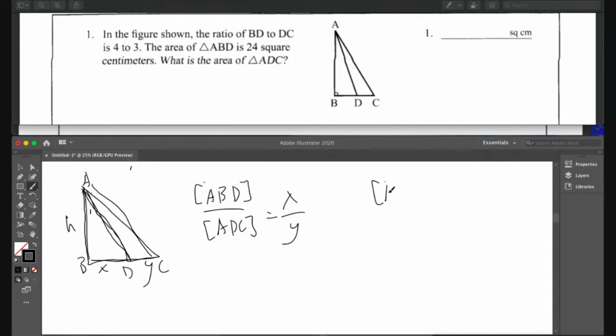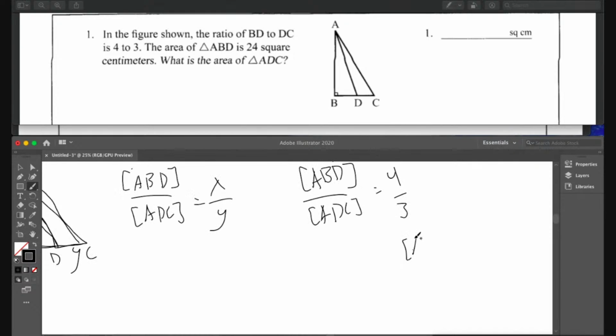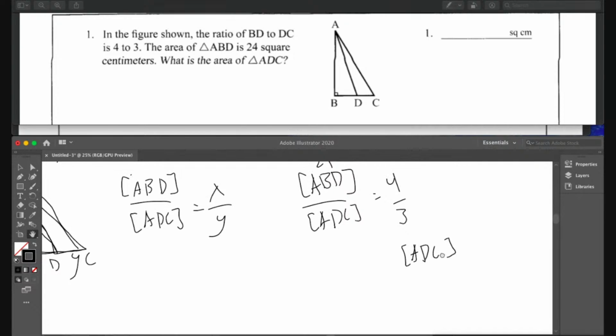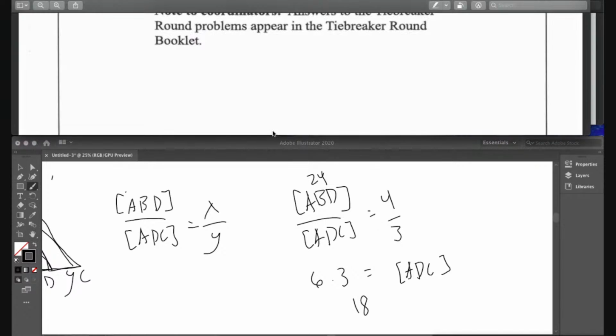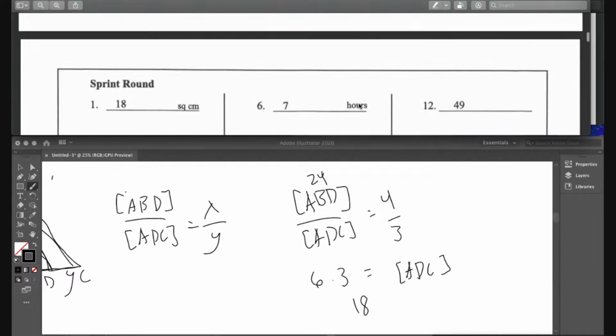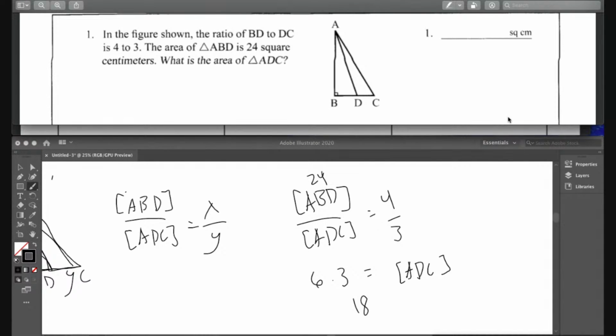So then ABD to ADC is going to be 4 to 3. And then it said ABD was 24, and we need to solve for ADC. So you can put ADC over here, and then you can divide by 4 on this. So then you have 6, and then you bring the 3 here. So then ADC is just going to equal 18. Yeah, the answer is 18.